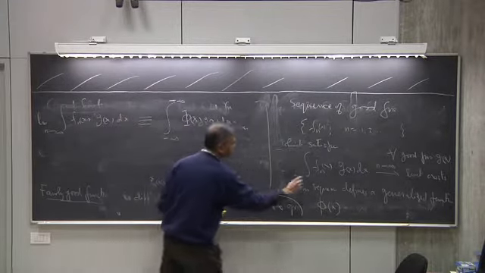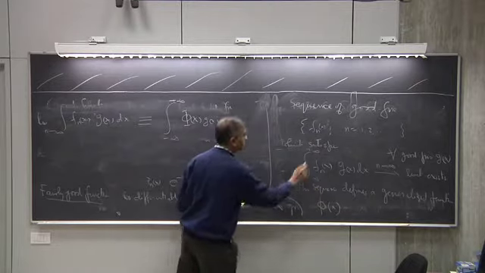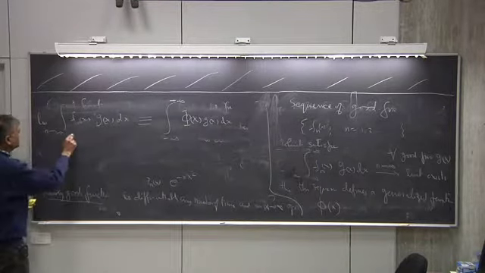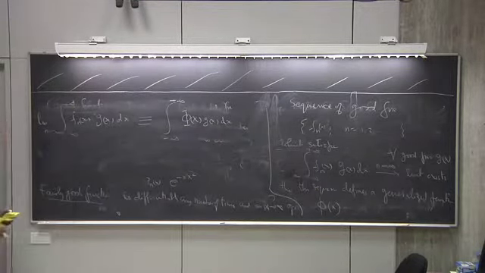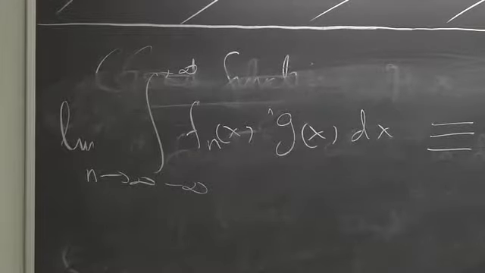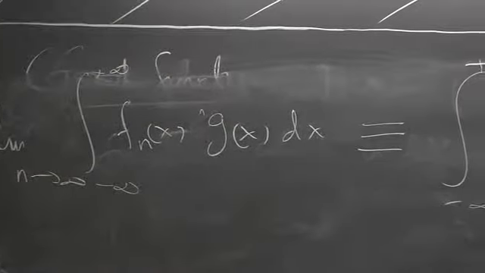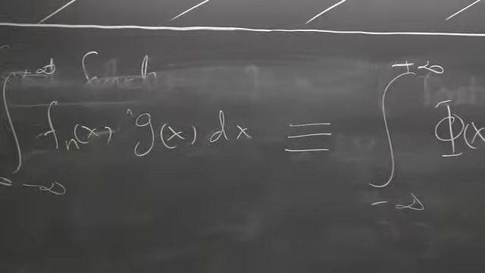I mean, all these integrals are from minus infinity to plus infinity. So that's the definition. This is the way you're defining the generalized function. So generalized functions are defined via integrals, via their properties under integration. That is how you define the generalized function.